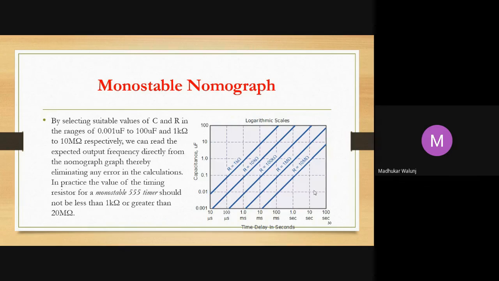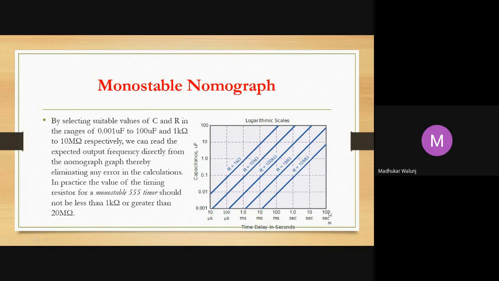And this is the case where we choose the value of the resistor and the value of the capacitor, or we can say the timing. The capacitor, timing and resistor values are indicated in this monostable nomograph, where the monostable values can be calculated. Look here, if we require 100 seconds, we need a 100 microfarad capacitor and a 1 mega ohm resistor.